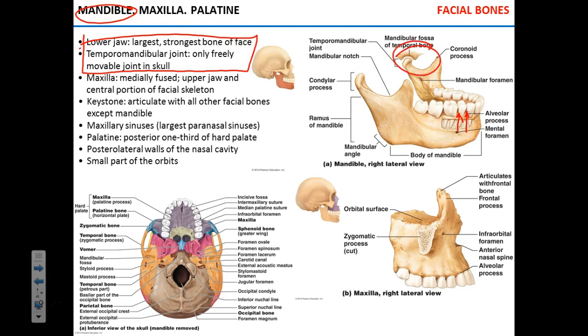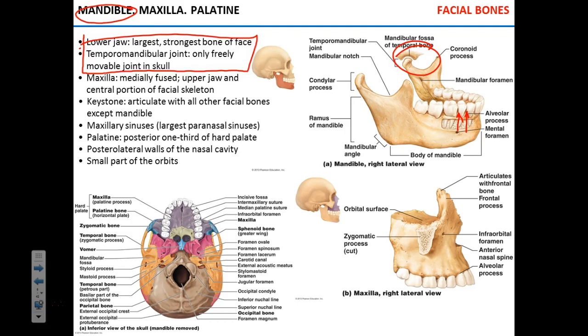So if you would look at the cranium, you will see that condylar process right here moves, right? Representing the temporomandibular joint, the joint between the temporal bone and the mandible.